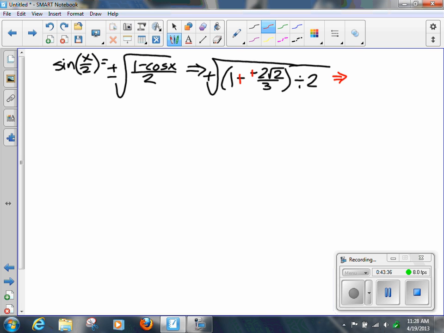So this binomial here, this 2-term thing in the parentheses, becomes 3 plus 2 root 2 over 3, divided by 2 over 1. You with me? Because it's like having 3 plus 2x, and they're not like terms. Okay?